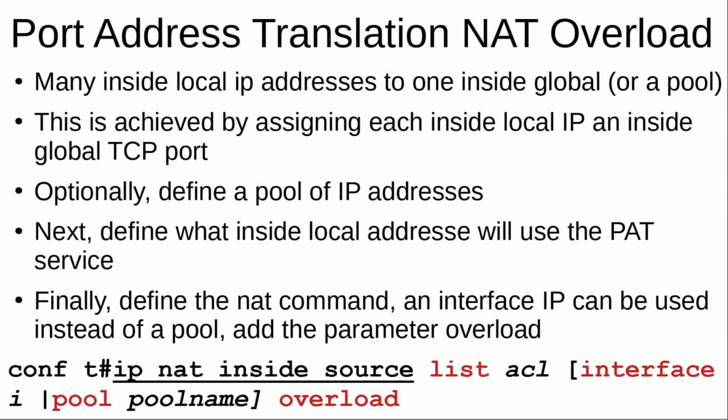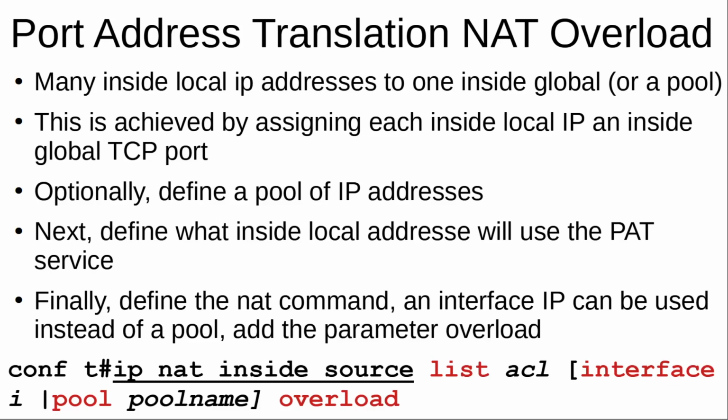But this is only in theory, because in reality these devices will assign a set of TCP ports to each inside local IP address. Think like each inside local IP address will consume about 20 to 40 TCP ports.